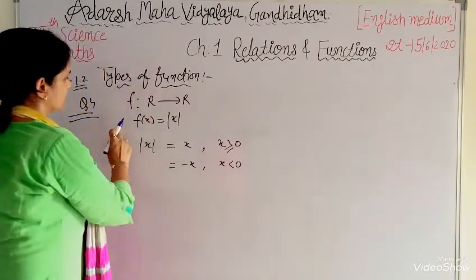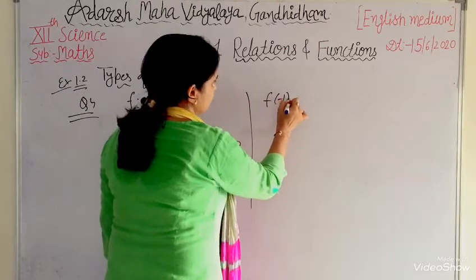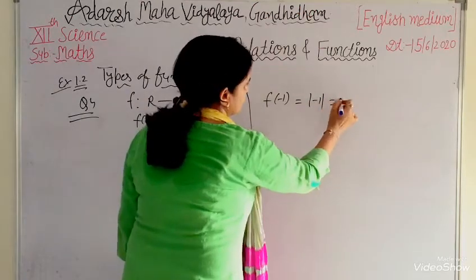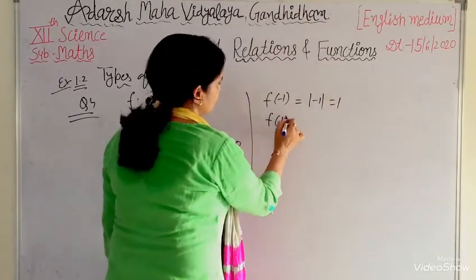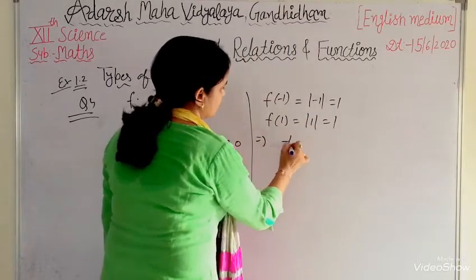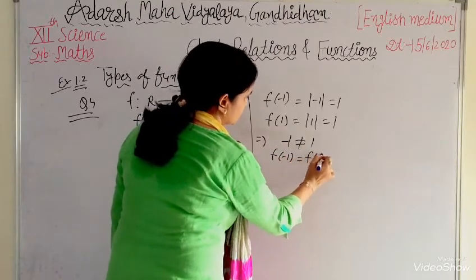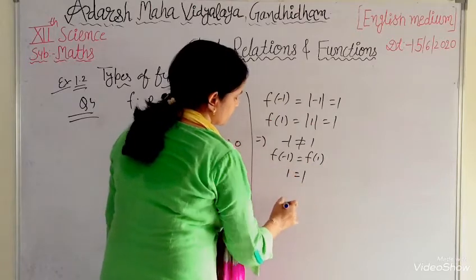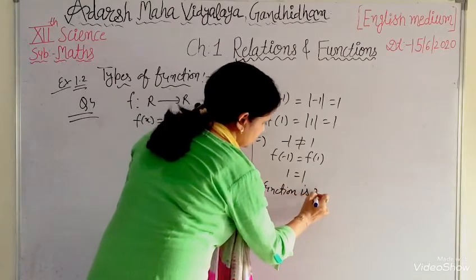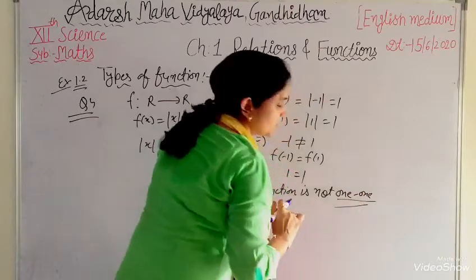Okay, student. For this type of question, I think everyone knows: mod of minus 1 is 1 and the image of 1 is also 1. So see that minus 1 is not equal to 1, but the images of both are equal. The function is not one-one.